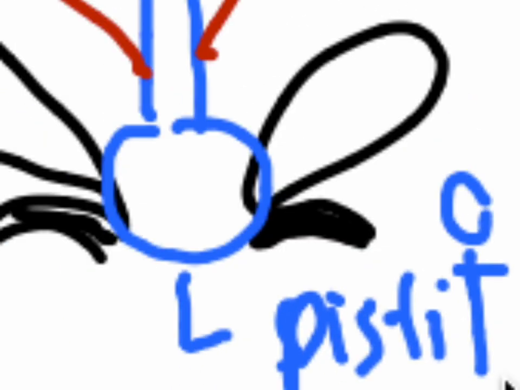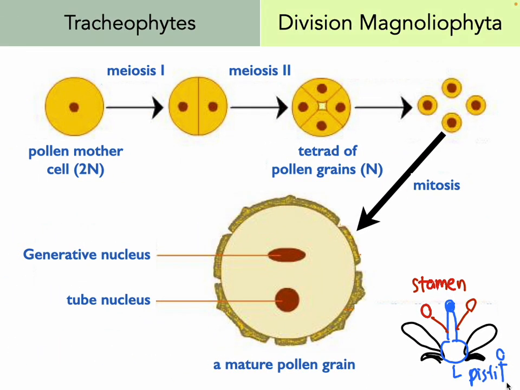So this process happened in stamen, which is the male part. So in the stamen, in the male part, you have pollen mother cell, which is diploid. It go through meiosis, right?